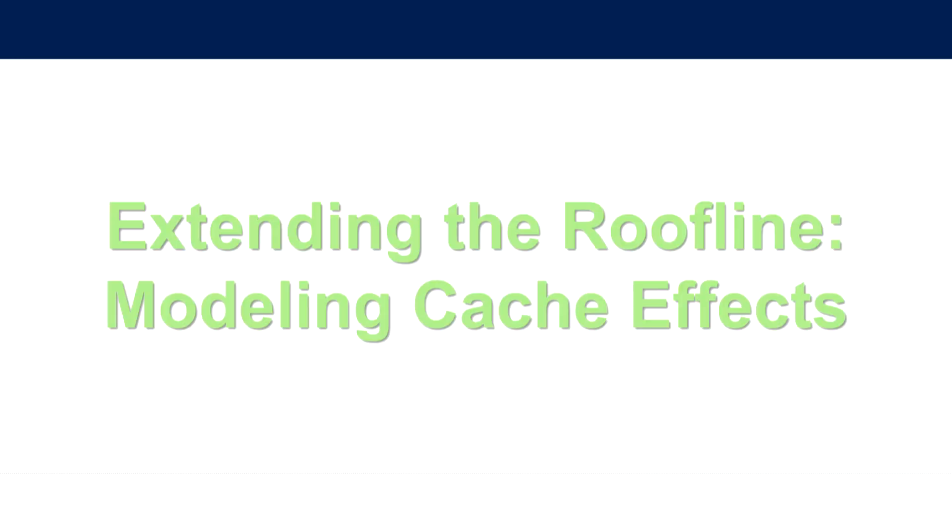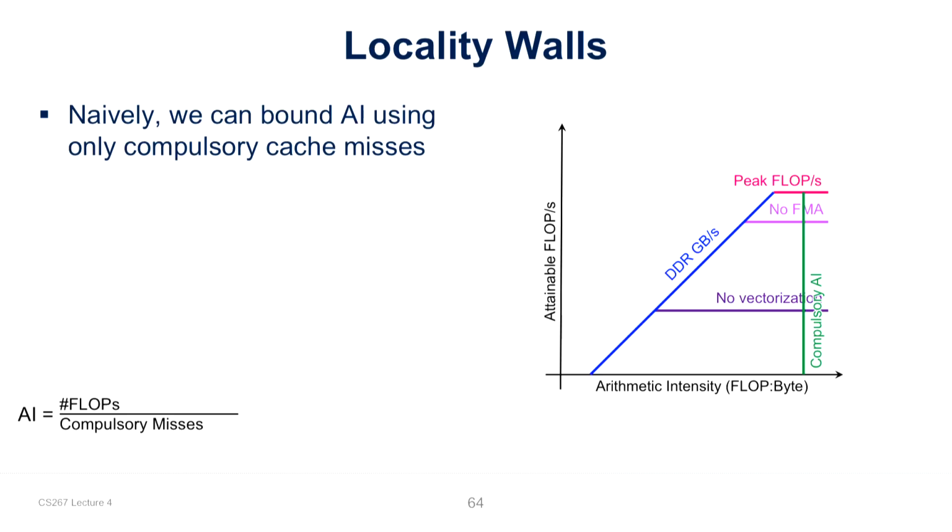Okay, so you can also extend the roofline model to model cache effects. There are these locality walls that say how much data I have to read, and that gives me a certain amount of computational intensity. So for matrix multiply, I might say I'm all the way over here on the right and should be peak floating point limited.